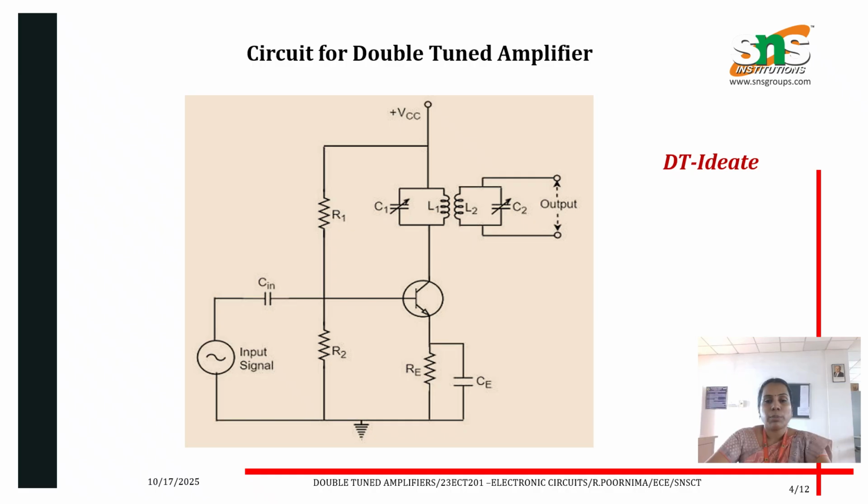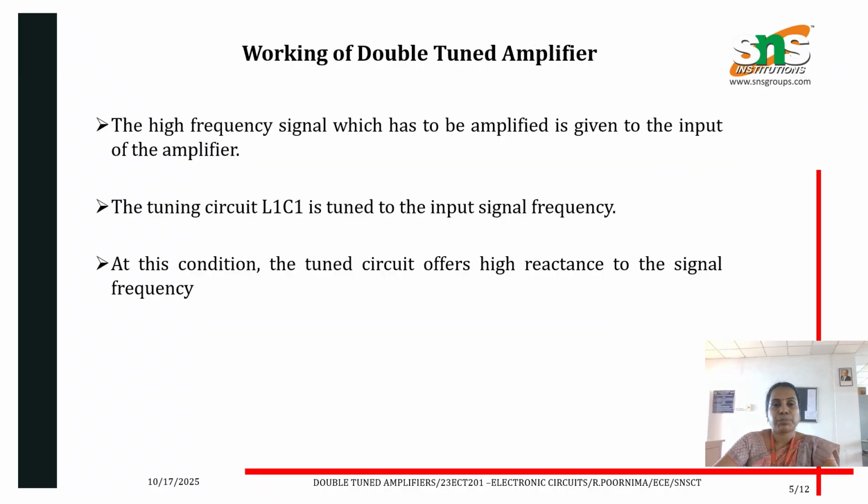Here the basic common emitter configuration is used in this circuit, in which the input signal is given to the base of the amplifier, and at the collector of the amplifier the tuned circuit is given, in which L1 C1 L2 C2 is the double tuned circuit. Here the input signal applied to the base of the amplifier is amplified and appears across the primary tuned circuit.